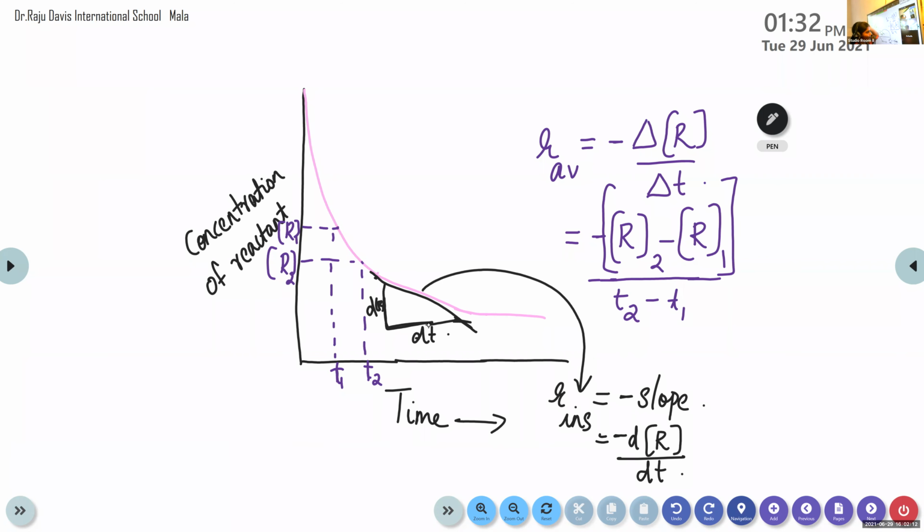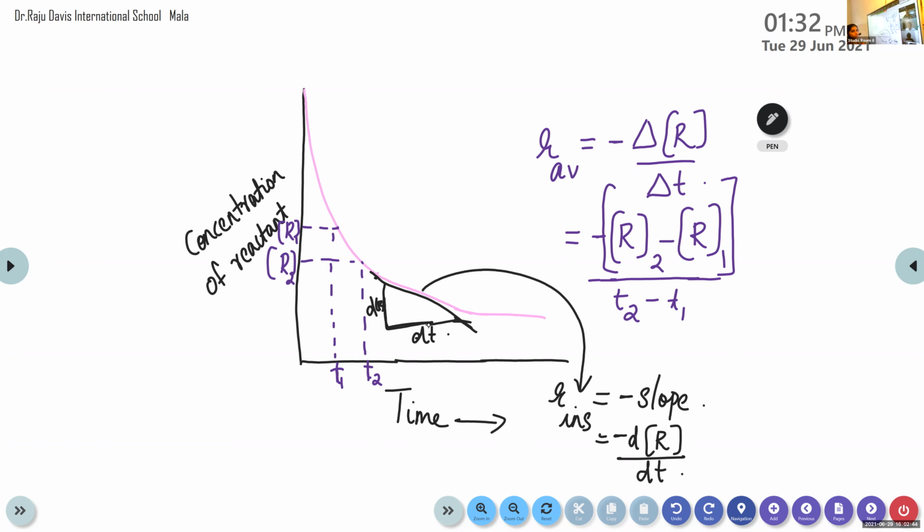This is clear? Yes or no? Diya, is this clear? Yes, ma'am. Okay. Adul, is this clear? Yes, ma'am. Okay. Gauri, finished? Yes, ma'am.